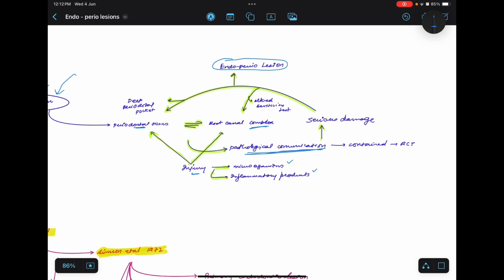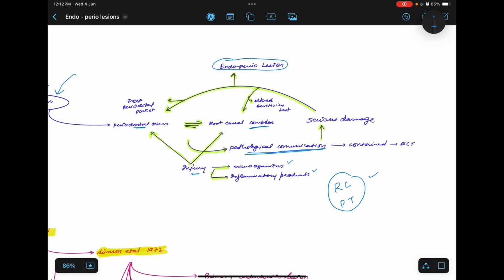There are communications such as accessory canals and of course your main canal, that is your apical foramen, which serves as a communication between your root canal complex and the periodontal tissues.